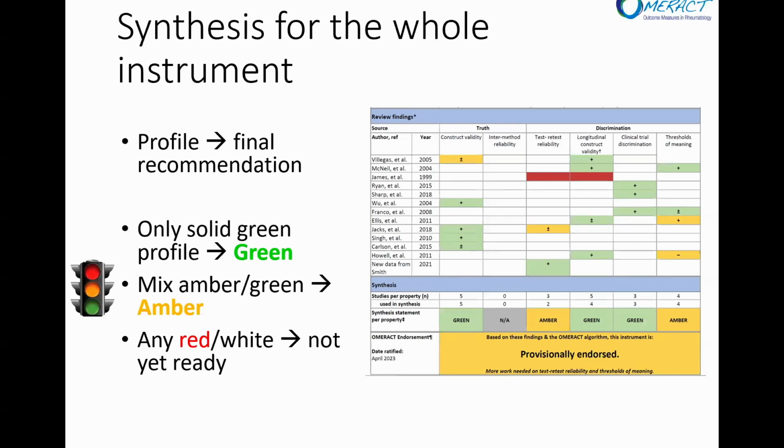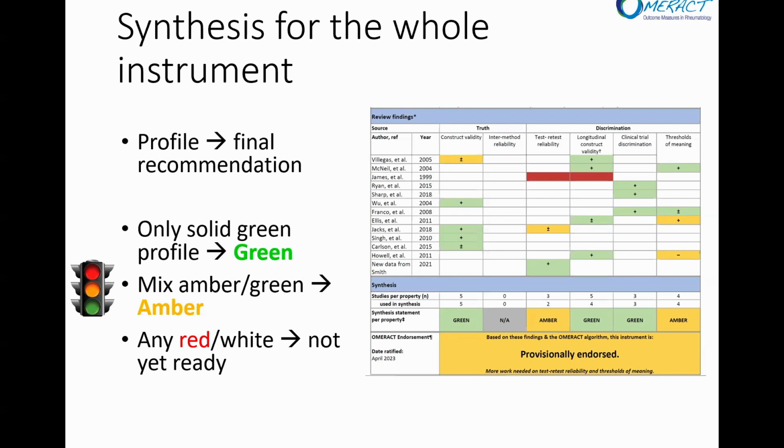We then move into making a conclusion for the instrument as a whole. So taking that profile, it leads to a final recommendation. So if you have solid green across the profile, then you can have a green rating that you're recommending a full endorsement of this instrument for this application in the core outcome set. A mixture of amber and green would lead to a provisional endorsement, an amber endorsement.